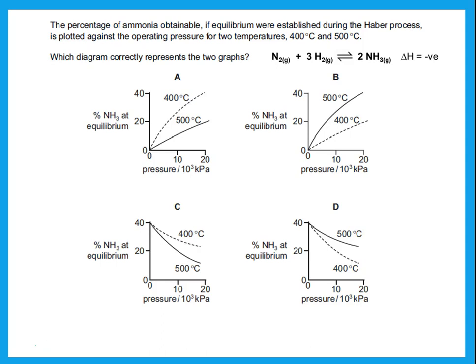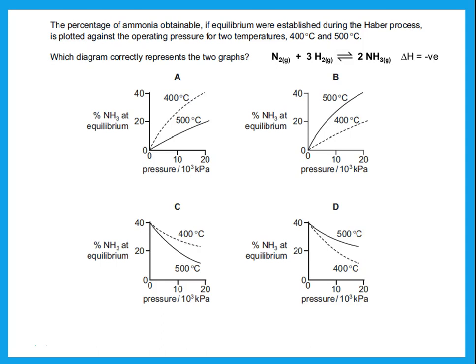It is exothermic. Now he's saying, what happens to the percentage of ammonia if I change two things? For example, I'm changing the temperature from 400 to 500, and at the same time I'm increasing pressure. Let's take each one by one. Now temperature.